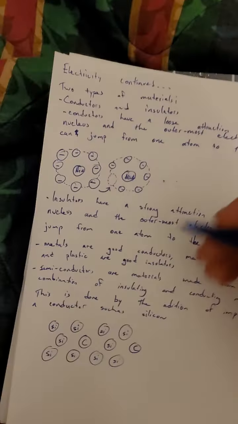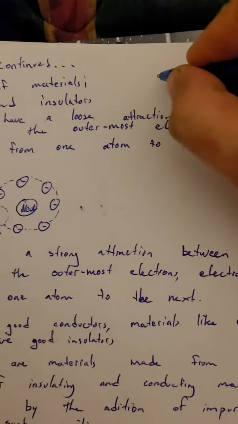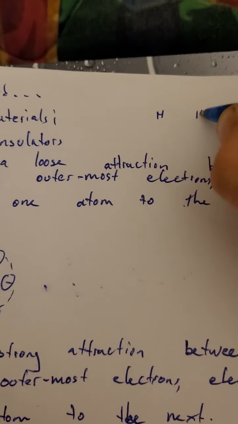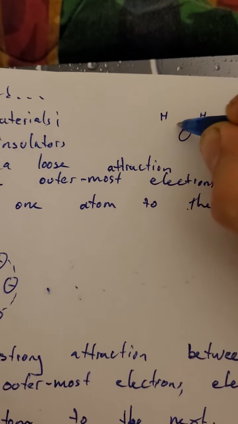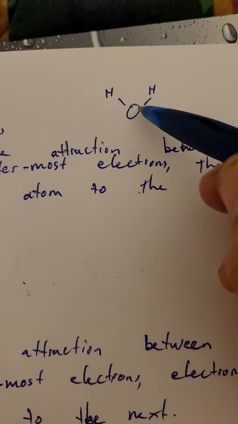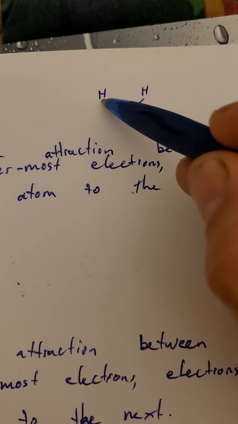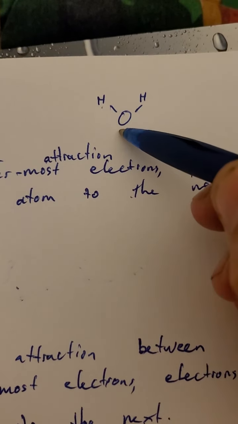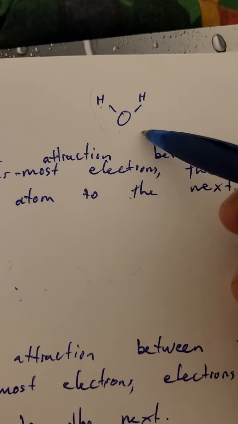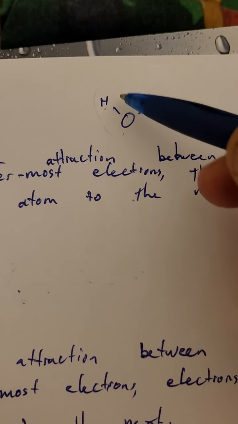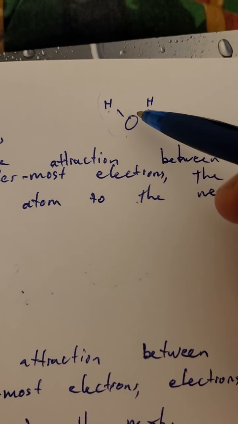So for example, if you have a hydrogen and an oxygen, you may recognize that as water. So hydrogen is an atom, this hydrogen is an atom, this oxygen is an atom, but together they form what's called a molecule. So a molecule is any time you have two or more atoms coming together to make something.